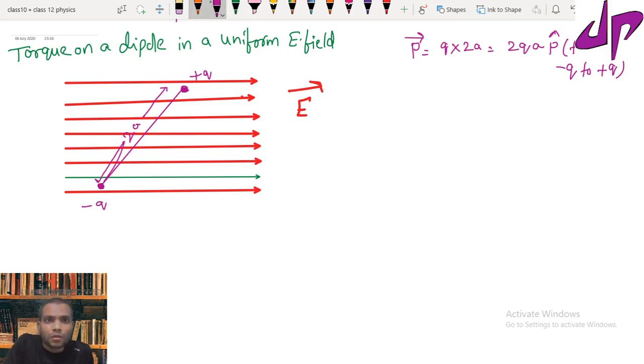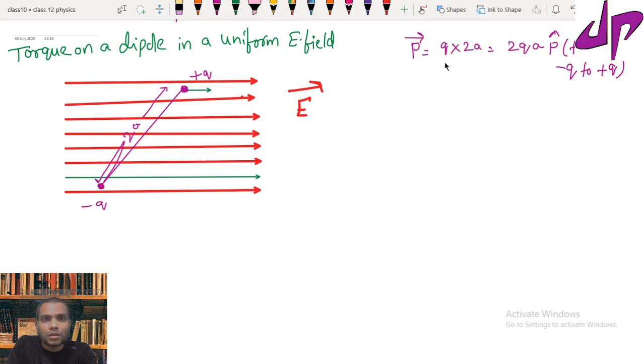Suppose, since the electric field is in this direction, if a positive charge is placed in the electric field, the force on the positive charge is along the same direction of the electric field.